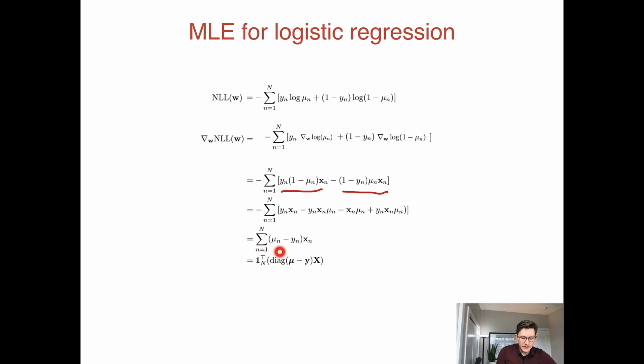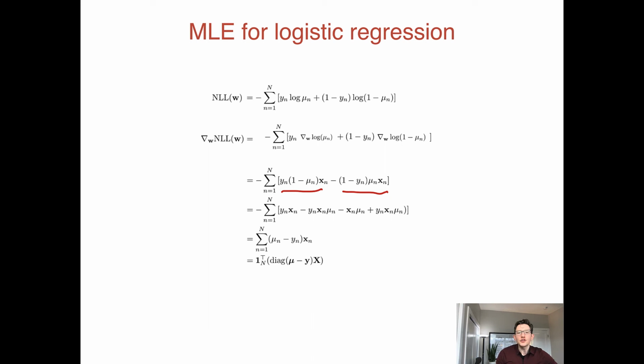We find that this is the sum for each example of mu n minus yn. Another way of looking at it, remember that mu n is our predicted probability for example n. So that's the difference between those two probabilities times the observed features for that example.